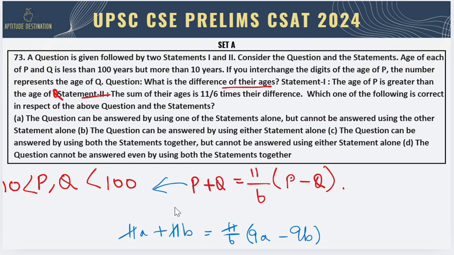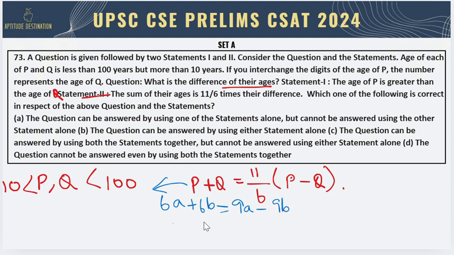Let's take 6 to the other side, which means 6A plus 6B equals 9A minus 9B. So this will give me 15B equals 3A. Cancelling these out, I'll get A equals 5B.